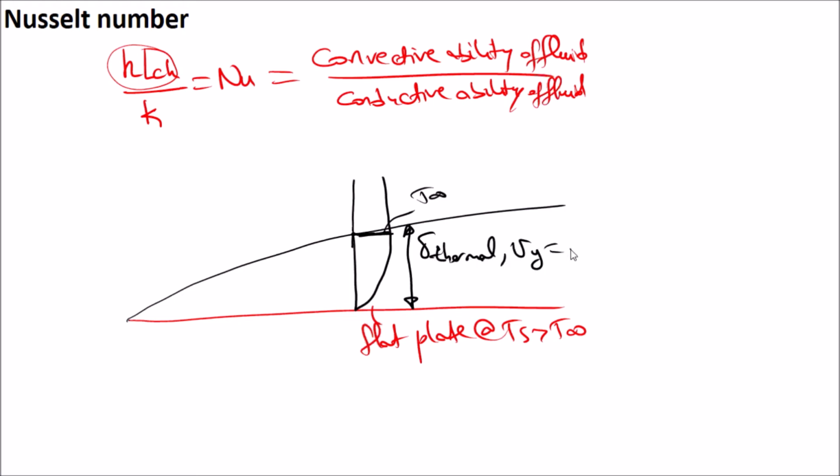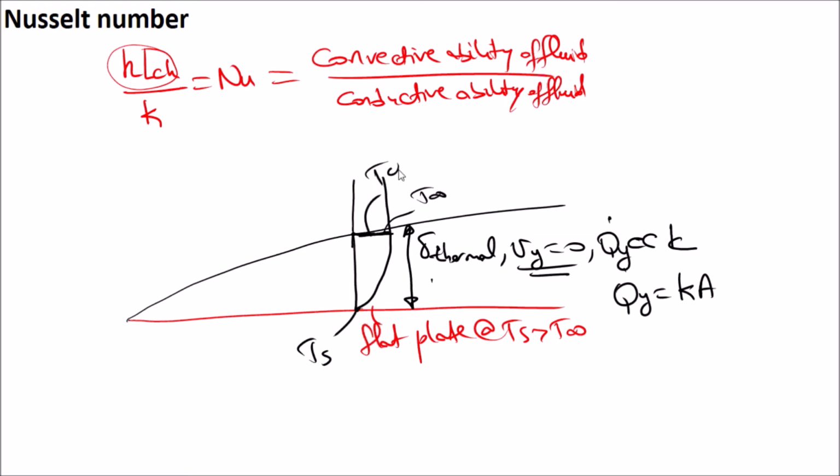Because velocity in the y direction is 0. If the velocity in the y direction is 0, it means that q dot transferred in the y direction is proportional to conductivity only. And we know from the conduction formula that it is K into A into the temperature difference, here you have the temperature at Ts, and here you have the temperature at T infinity. It will be Ts minus T infinity by delta T.